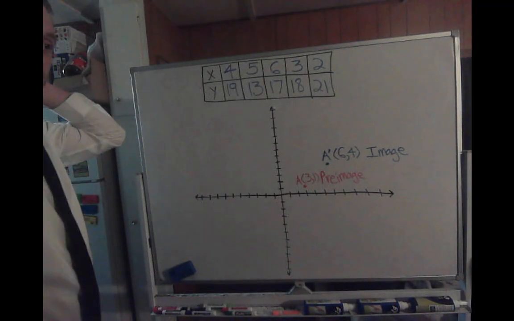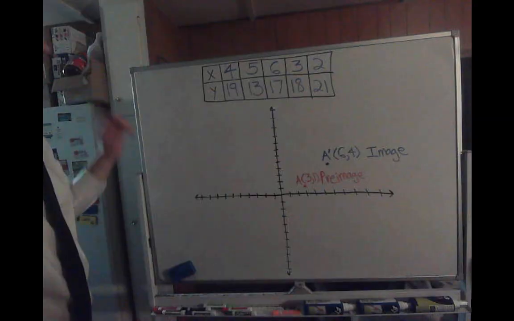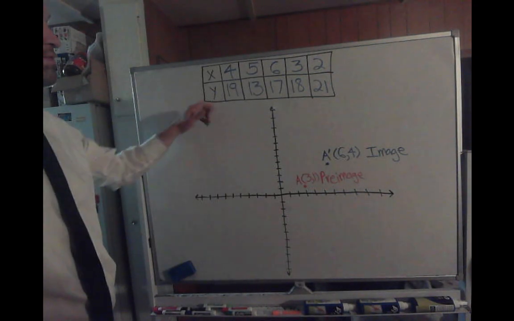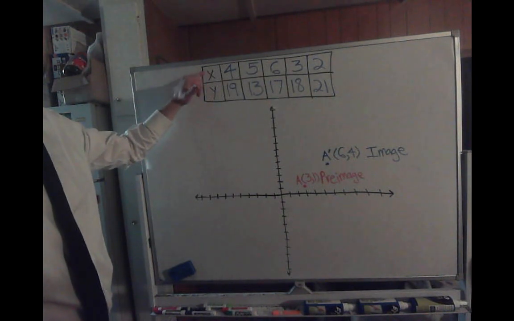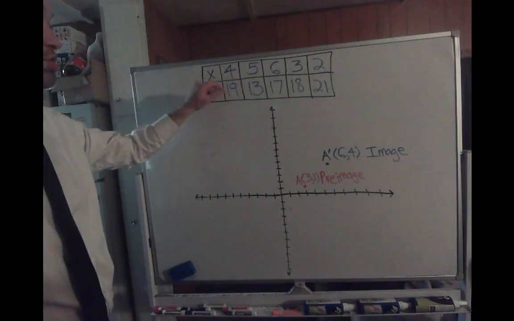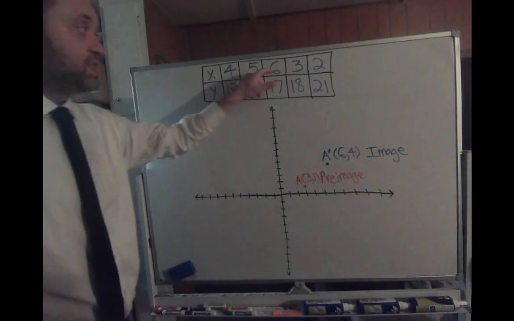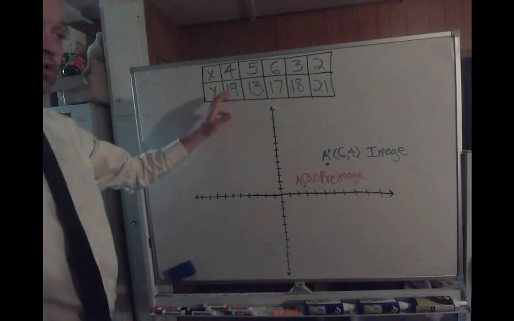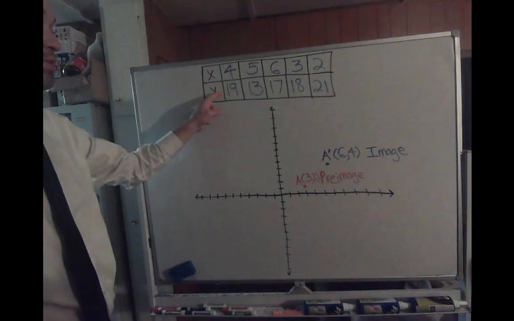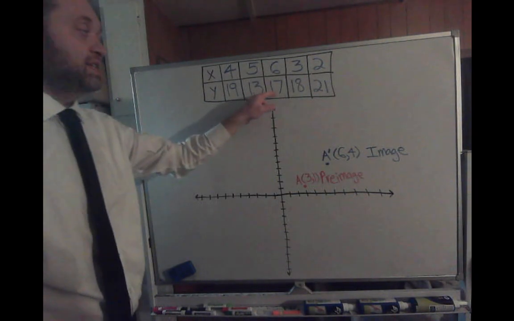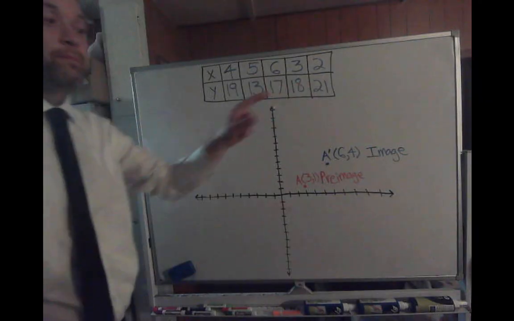So here's another function where you have given values of your x values, your independent variable, your input, your domain, 4, 5, 6, 3, and 2. Those correspond with your range, your y values, your dependent variable, your output of 19, 13, 17, 18, and 21.